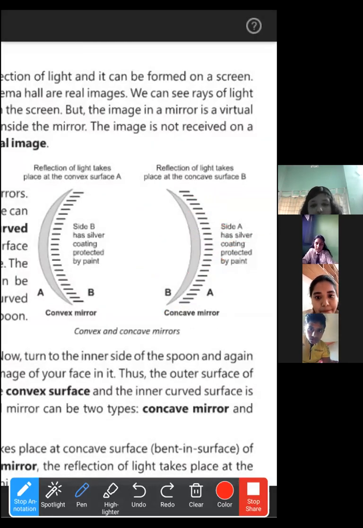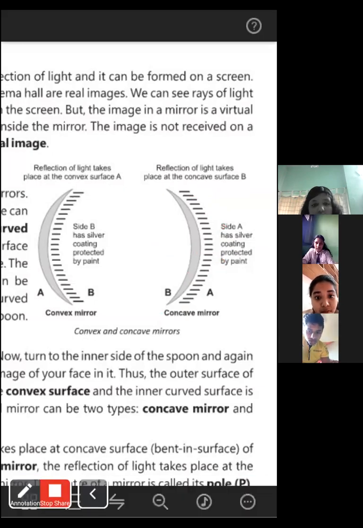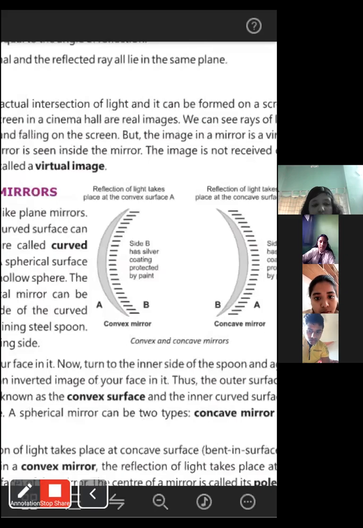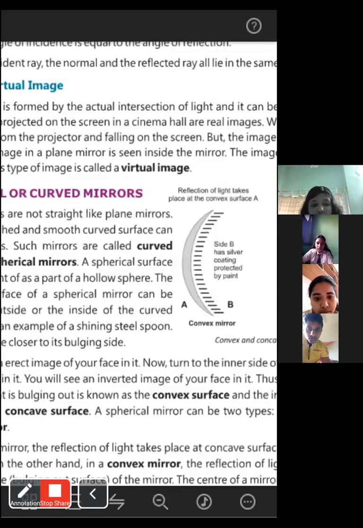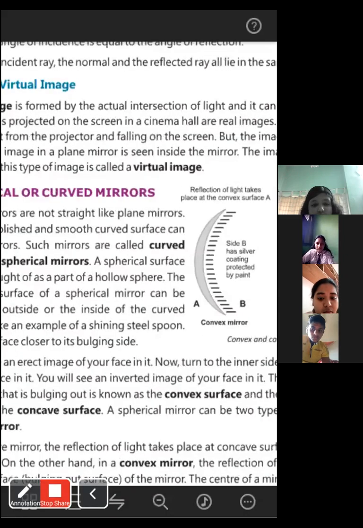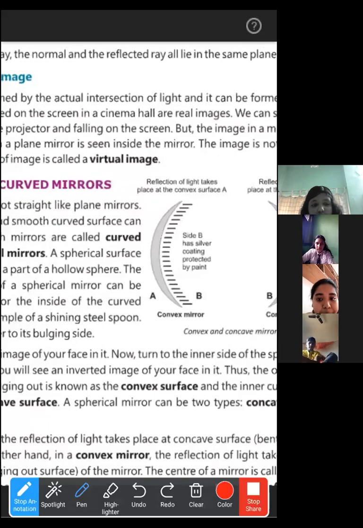And for the mirror that is curved to the outward direction, these lines indicate that you cannot place the object here. This side is completely protected by silver coating. So you will have to place the object here.